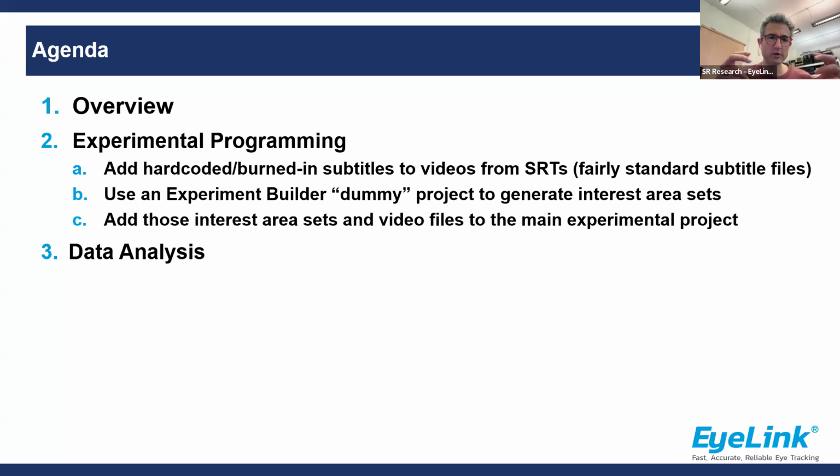First you hard code the subtitles into the video that you want to use, from SRT files, which are standard subtitle files. Then you can use various tools to generate the interest area sets, which will be dynamic around the interest areas, and add them to a main experiment. Then you can run it, collect data and do your data analysis.